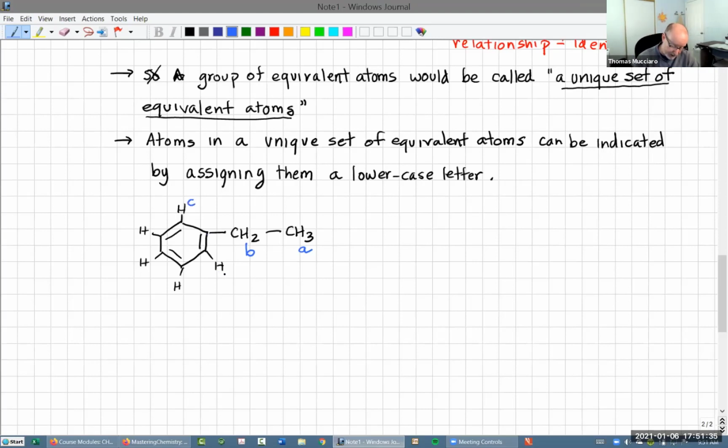So this and that are actually equivalent to each other. Similarly, this and that are equivalent to each other, and then this is different.